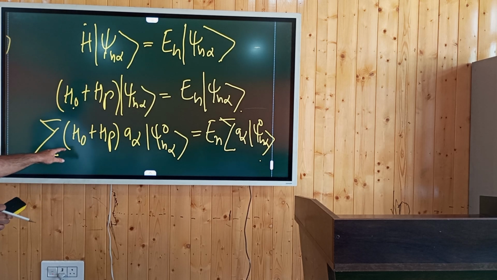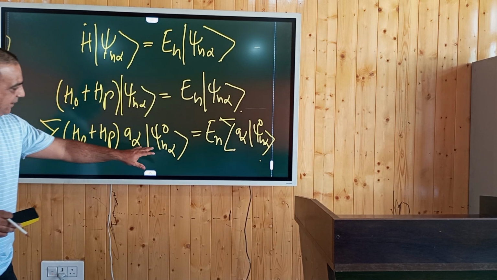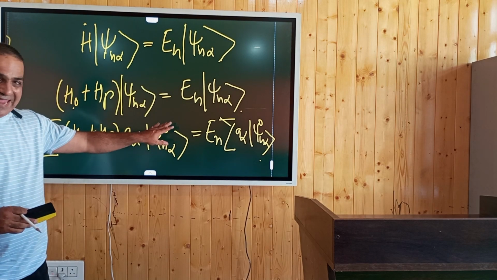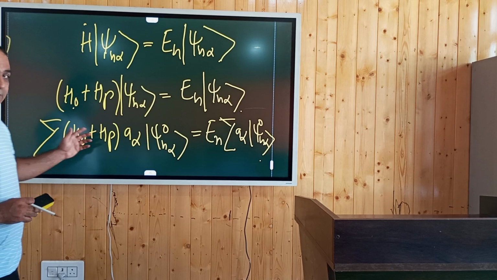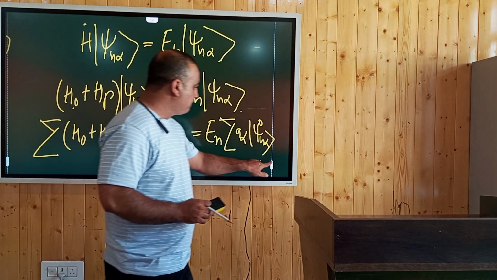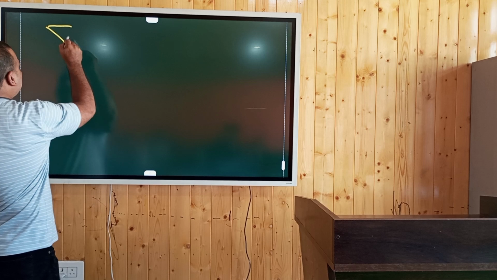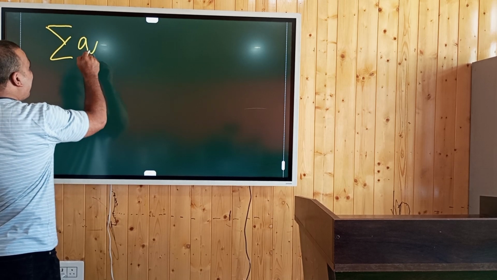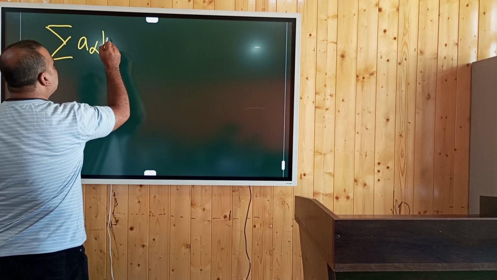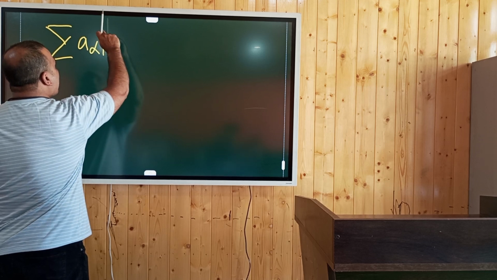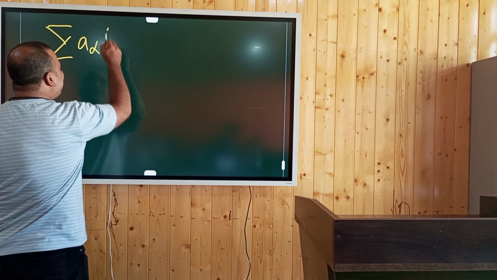Now we will take the ordinary multiplication here. We will put the corresponding energy eigenket to the corresponding operators. So the next step that we will have, what will that be? That will be the sum over α of A_α. Then I would like to introduce a bracket here.